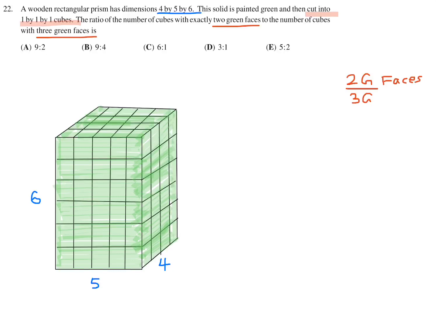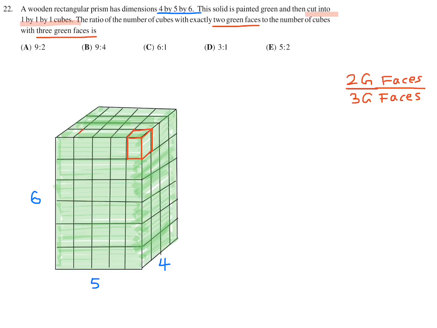All right, so what we can do is look at this diagram and try to figure this out. So I'm going to start first with the 3 green faces because there's one staring right at me, and that's this one right here, the corner. The corner, when you break apart this prism into individual 1 by 1 by 1 cubes, will have 3 green faces.